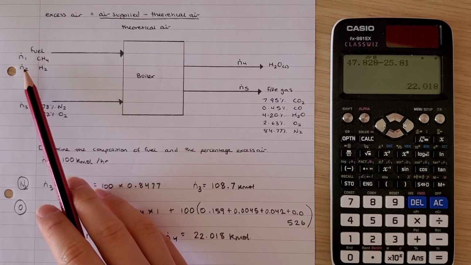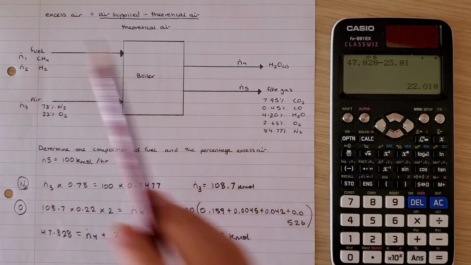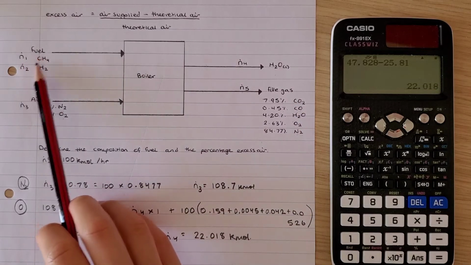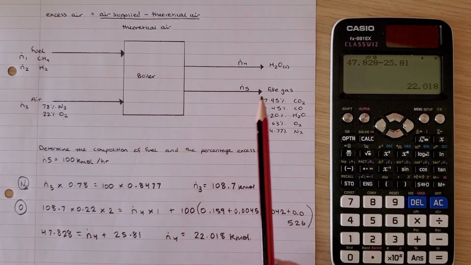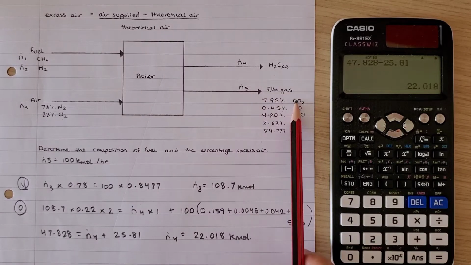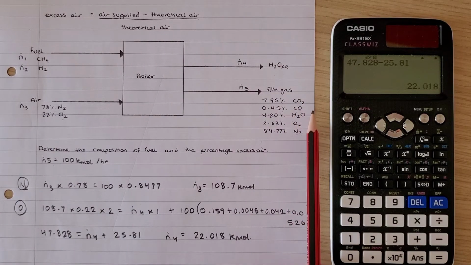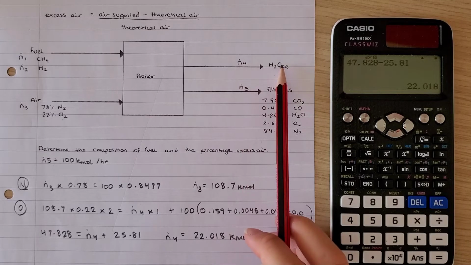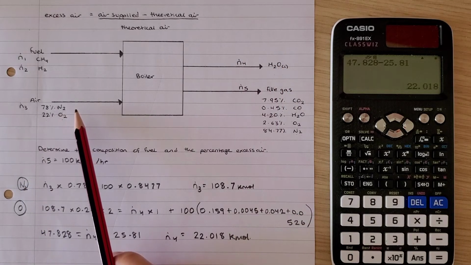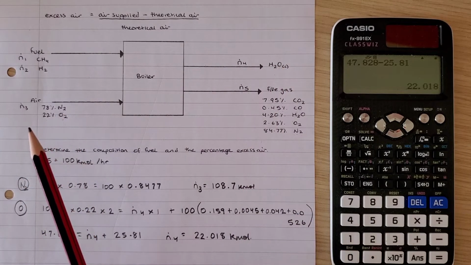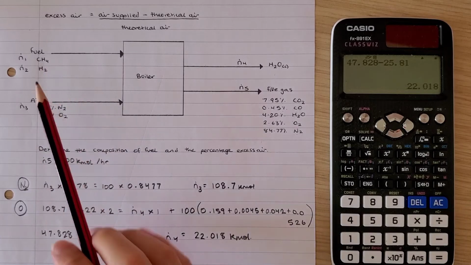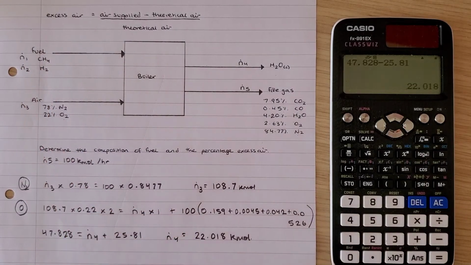We can also do a carbon balance, because we don't know N1, but we know N5, which has carbon dioxide and carbon monoxide, and there's no carbon here or here. So we can now do carbon and hydrogen balances and determine the composition of the fuel.